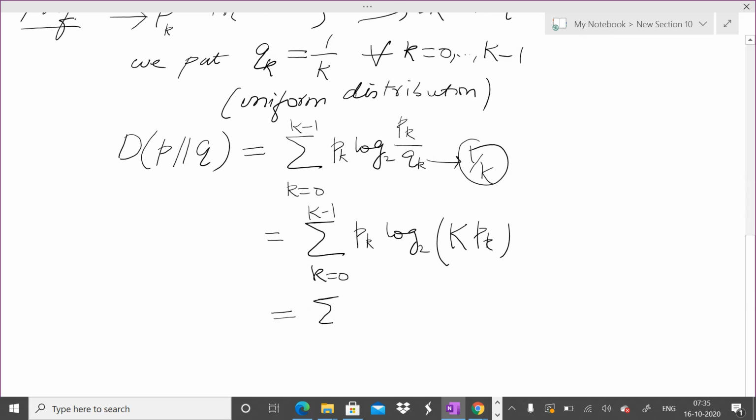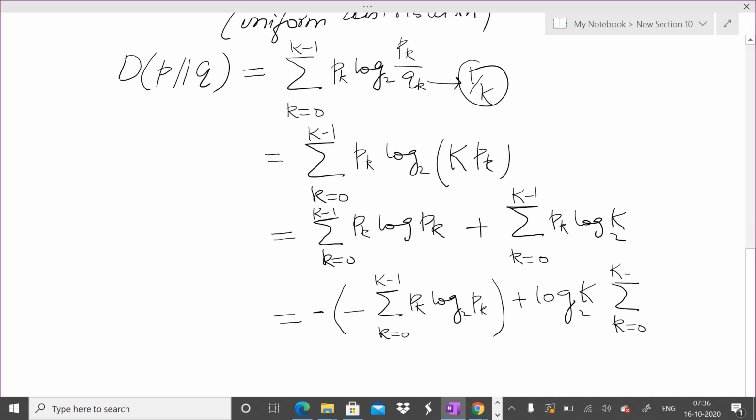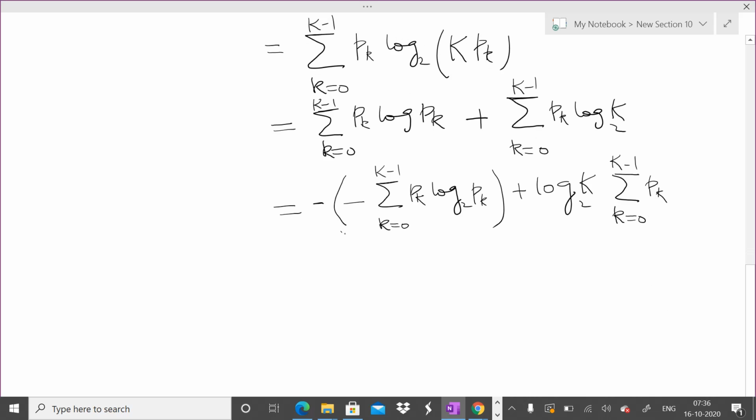And that will become, using log of ab equal to log of a plus log of b, the sum of pk log pk, and I write minus outside, plus the sum of pk times log K. Now what is the first quantity?